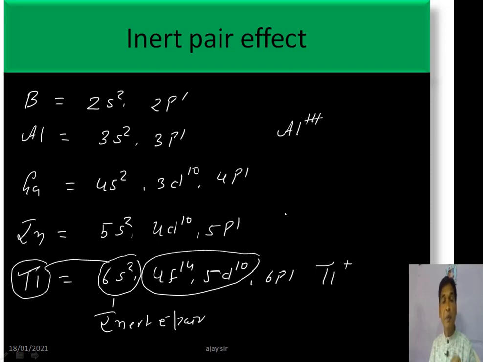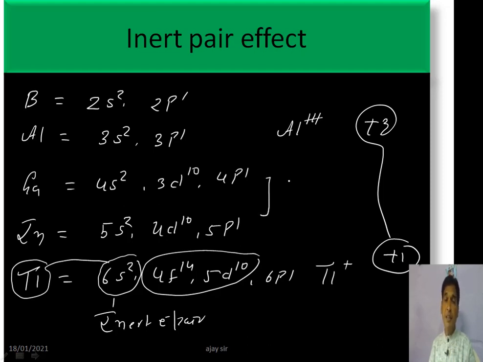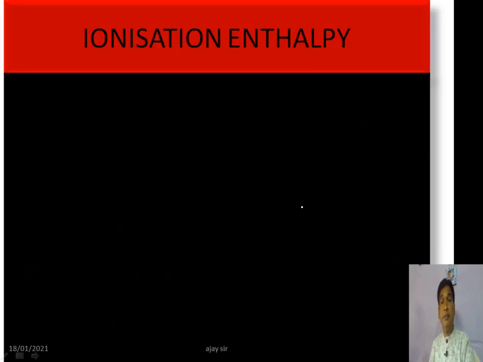The effect is that thallium shows only +1 oxidation number in place of +3, and this effect is called the inert pair effect. Gallium and indium also form +3 and +1 oxidation number compounds, but the +1 compounds of gallium and indium undergo disproportionation reactions in water.